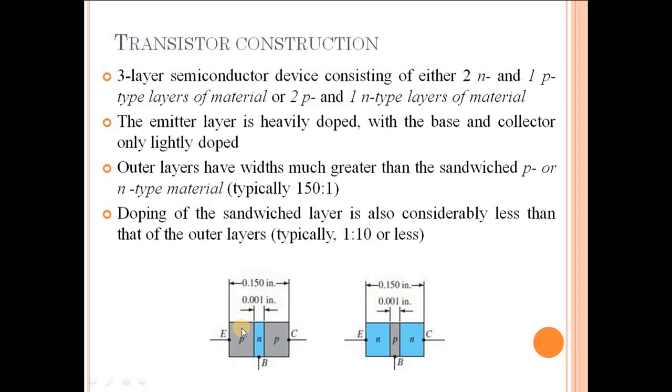If it had been the case that only holes would have participated in the operation of a BJT, then we could have said it is a unipolar device.